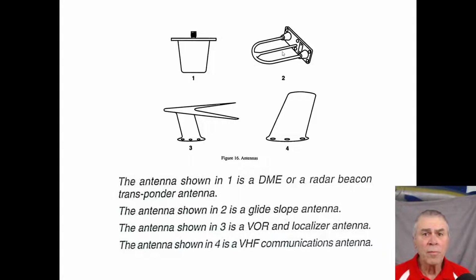Glide slope, C, VOR and localizer, normally they're in one. And four is the VHF communications antenna. We'll get into glide slope and localizer more in the instrument landing portion, but you're already getting a little preview as to their antennas.